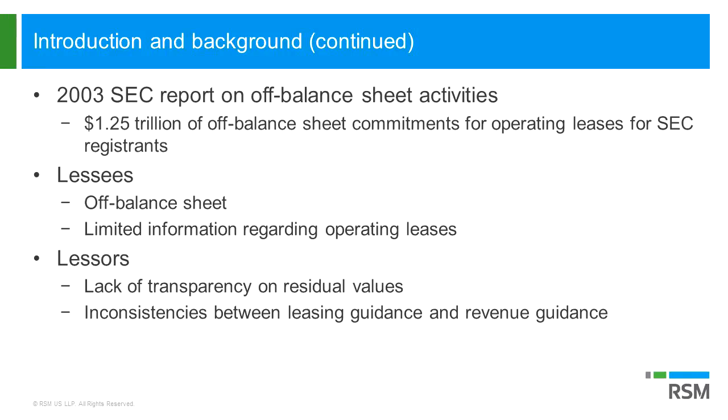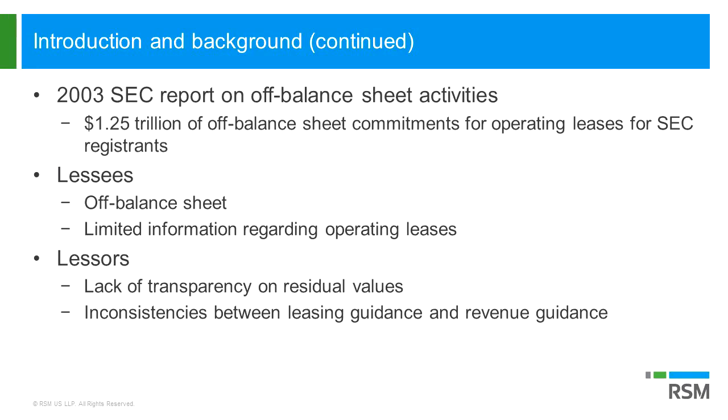Moving on, the genesis of this standard really is from the SEC's report on off-balance sheet activities as a response to the financial scandals that were present in 2001, 2002, namely with Enron and WorldCom.